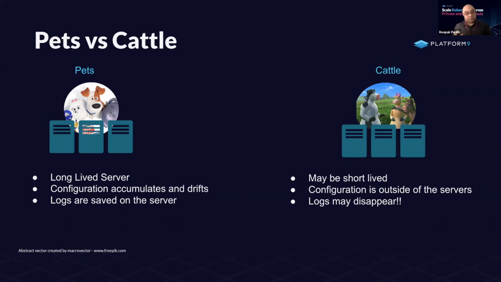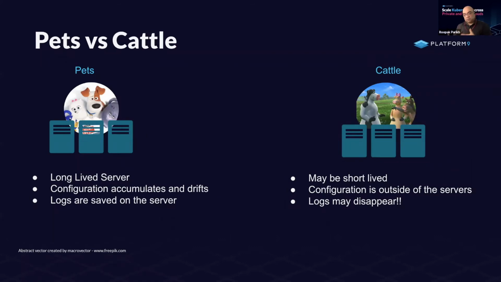Most of the services are microservices. You want to be able to scale out and scale in as needed, depending upon your use cases. And in the time when we were treating servers as pets, the logs were on the servers, and log aggregation at that point of time was more of a luxury.